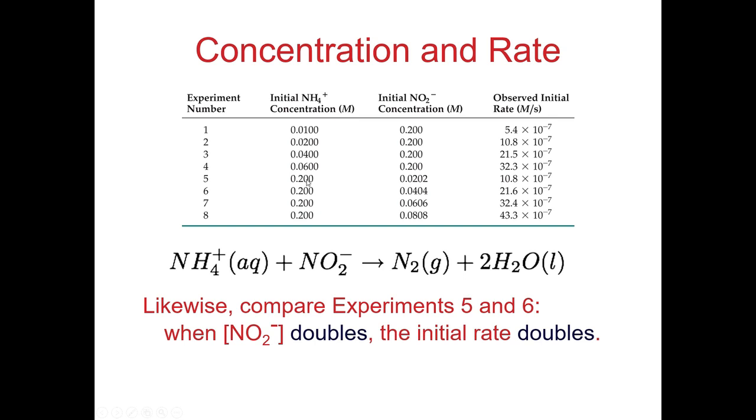So I can look at experiments 5 and 6. I see NO2 minus doubling, NH4 plus staying the same. And then I can look at the rate information. And I see my rate is also doubling. So if my NO2 minus doubling produces a doubling of the rate, again that suggests first order.